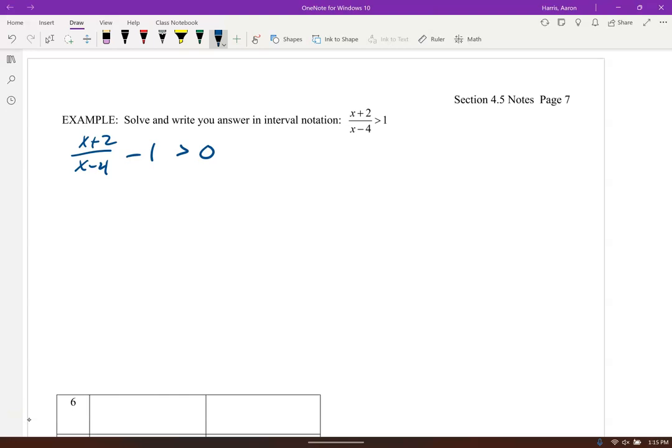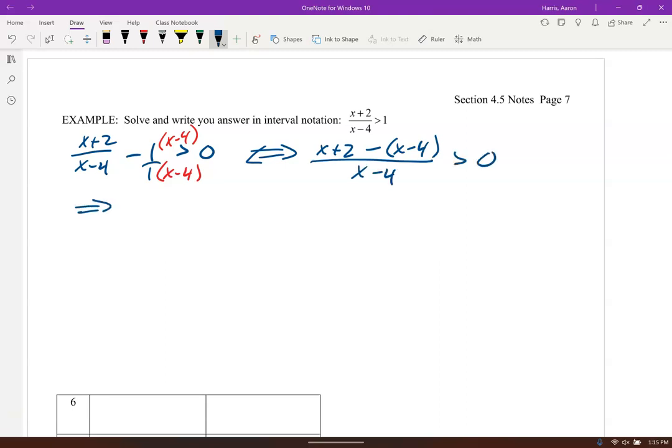Now, I need this to be one fraction. So let me put that over 1. Let me get a common denominator of x minus 4. And then this will become x plus 2 minus 1 times x minus 4, all over this common denominator of x minus 4, greater than 0. Now let me distribute that.